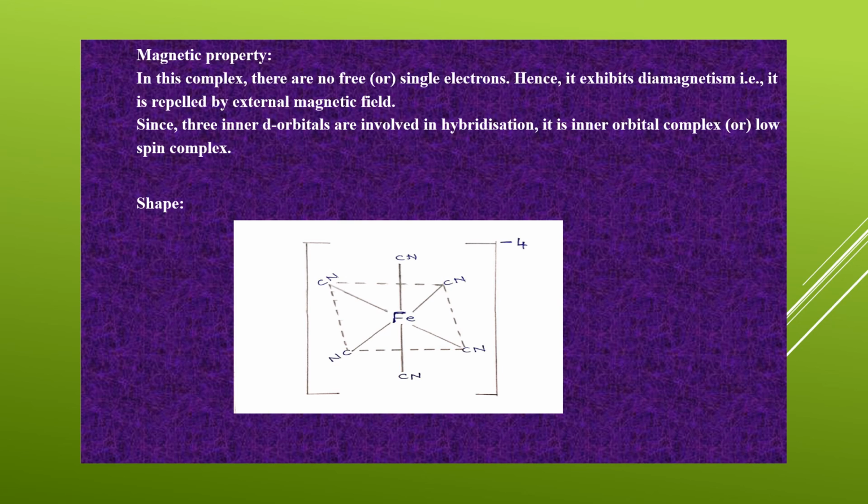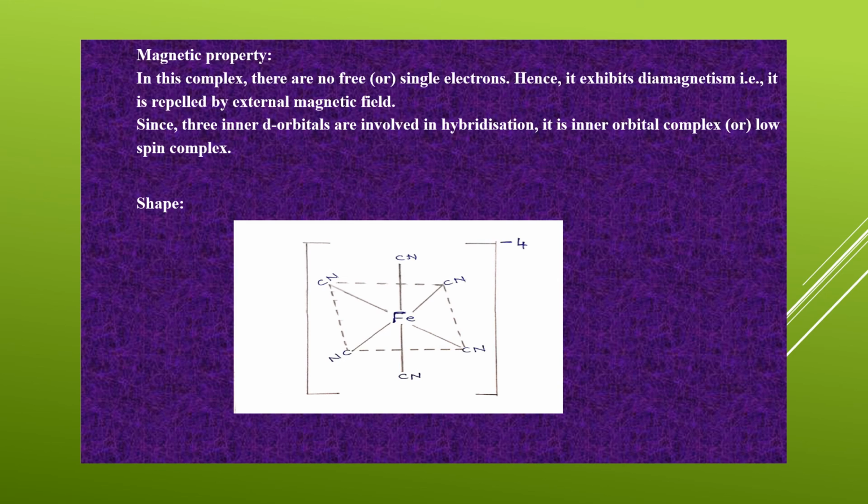Since 3 inner d orbitals are involved in hybridization, it is called inner orbital complex or low spin complex. Inner d orbitals are involved in hybridization and hence it is called inner orbital complex or low spin complex.